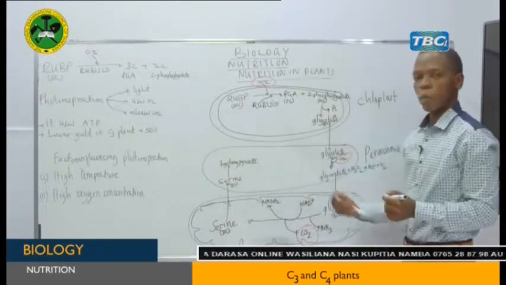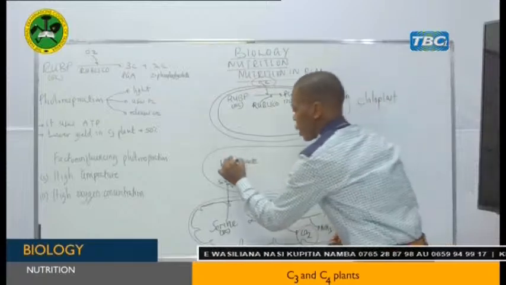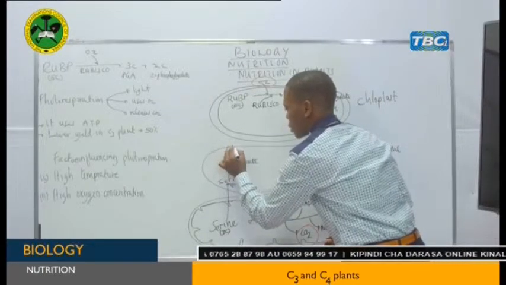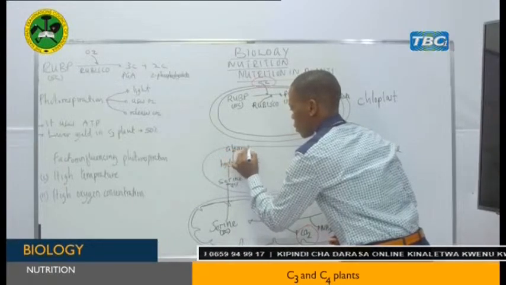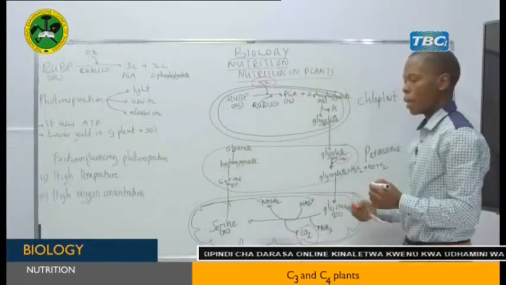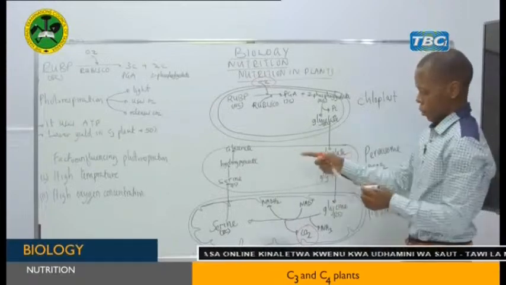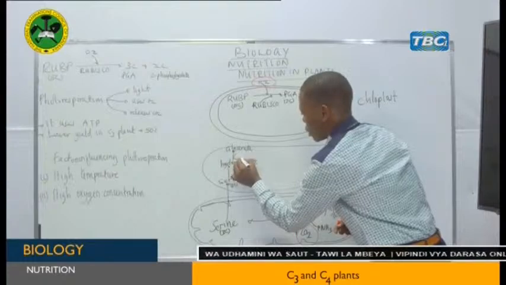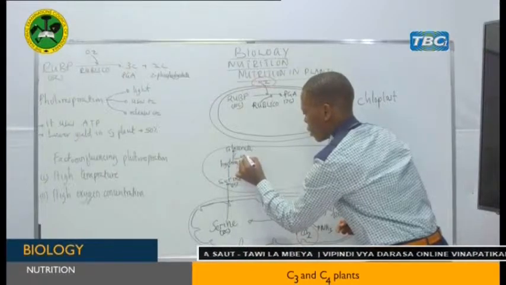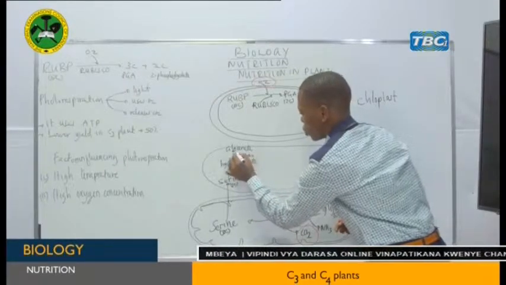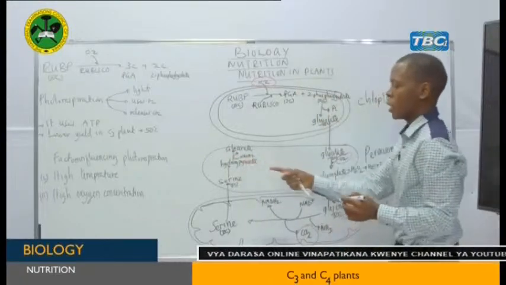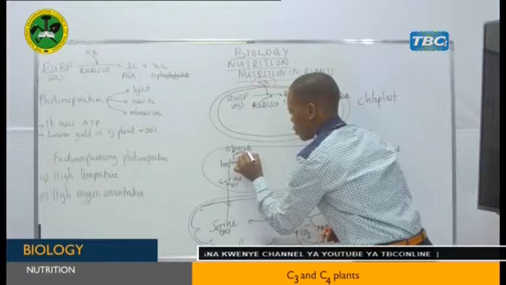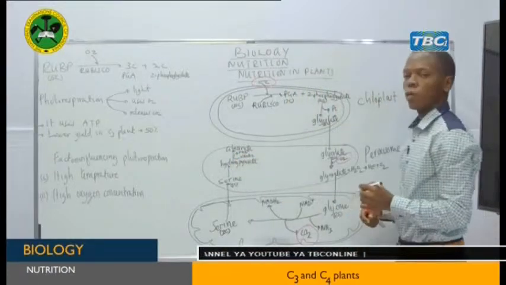Again, this hydroxypyruvate is converted into another product known as glycerate. But again here, NADH2 is used to convert this hydroxypyruvate into glycerate, from NAD positive.